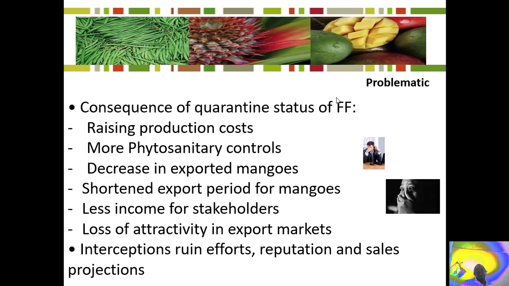Our export window is shortening, and we are having less income from this business, and the attractiveness of our products is also decreasing. When we experience some interceptions, then we become very sad, because we feel that our reputation is being taken under, and the efforts that we put into producing all those fruits are ruined.